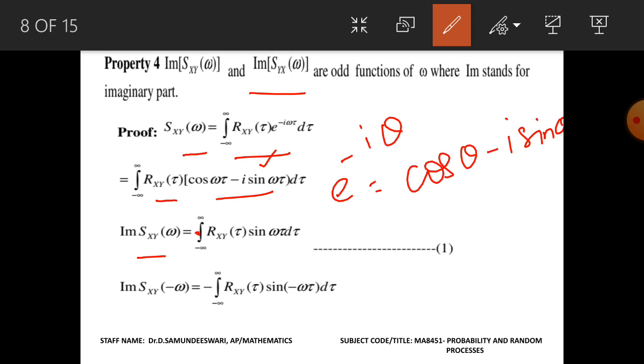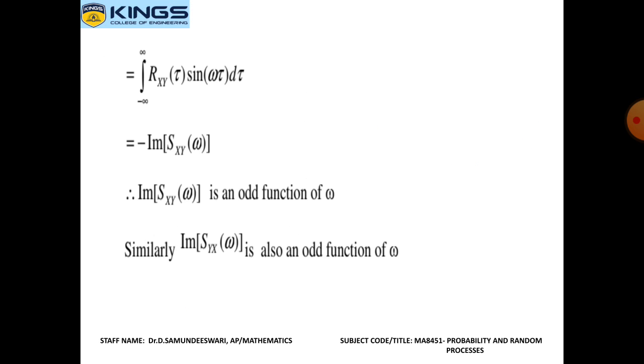So minus of the integral from minus infinity to plus infinity, and in place of omega I am replacing minus omega, because I am going to prove that it is an odd function. So already one minus is there, integral minus infinity to plus infinity Rxy of tau sin of minus omega tau d tau.